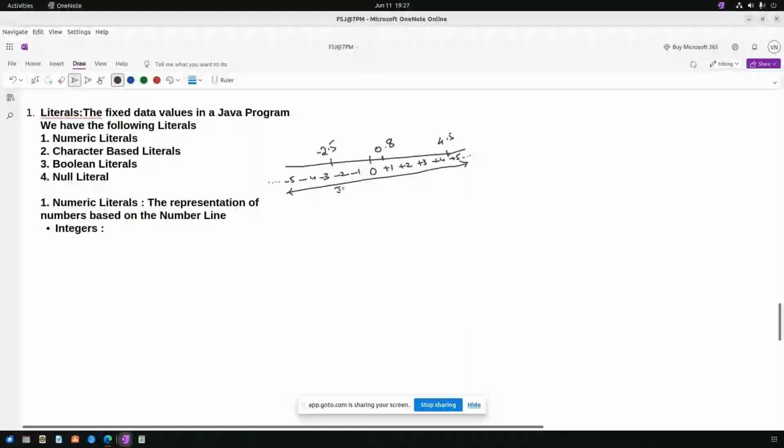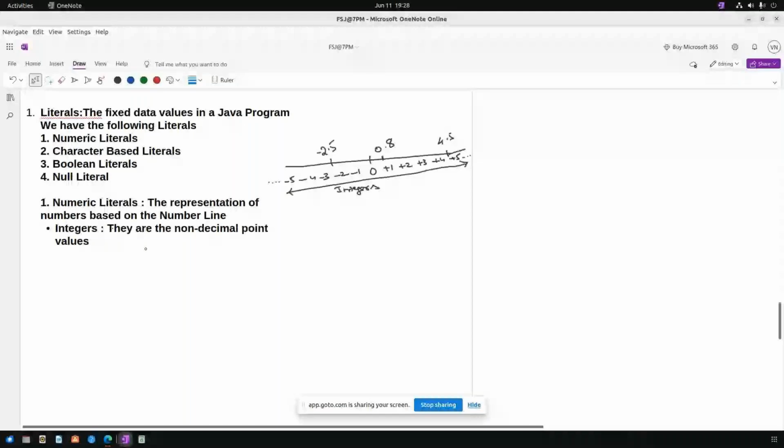Integers are the non-decimal point values.